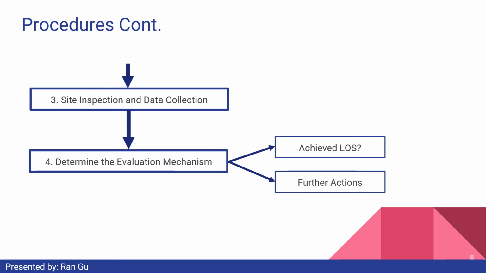And the last step is condition analysis. The condition of the components is then evaluated based on different approaches, such as direct condition rating survey and distress survey. In this stage, the team will define the condition of the assets and whether the infrastructure achieved the desired level of service.